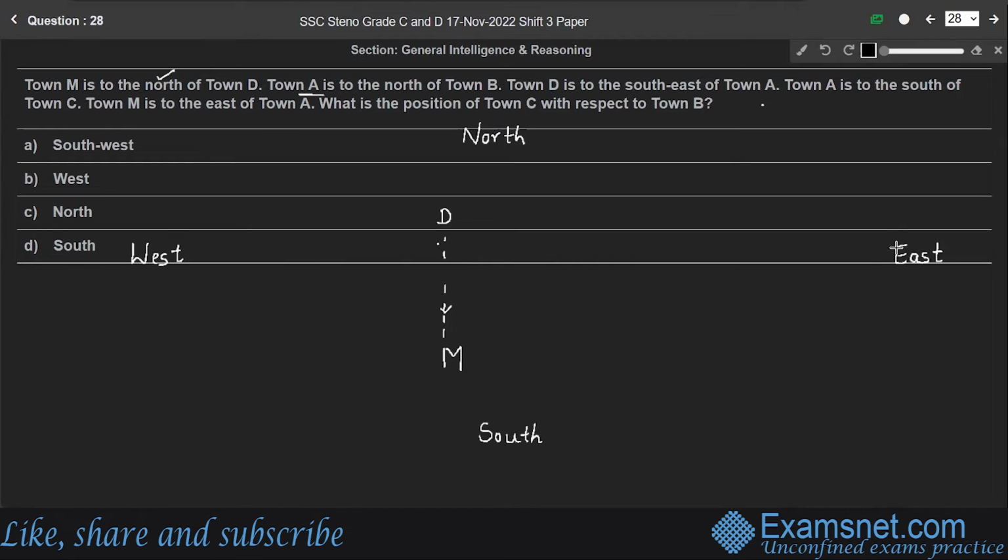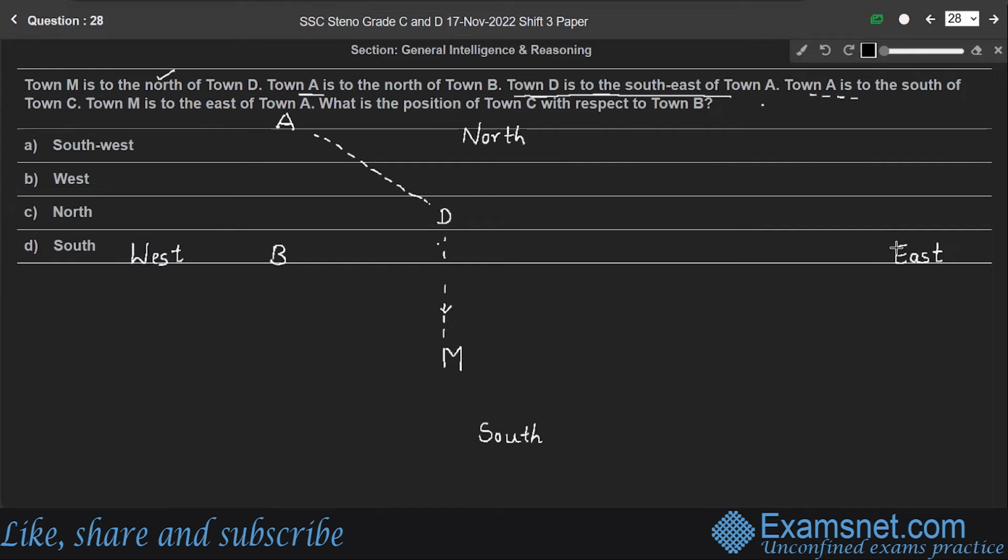For that, we'll consider town D. Next point, town D is to the southeast of town A. Southeast means this direction, so town A's position will be here. And town A is to the north of town B, so we will consider town B somewhere here, such that town A is to the north of town B.